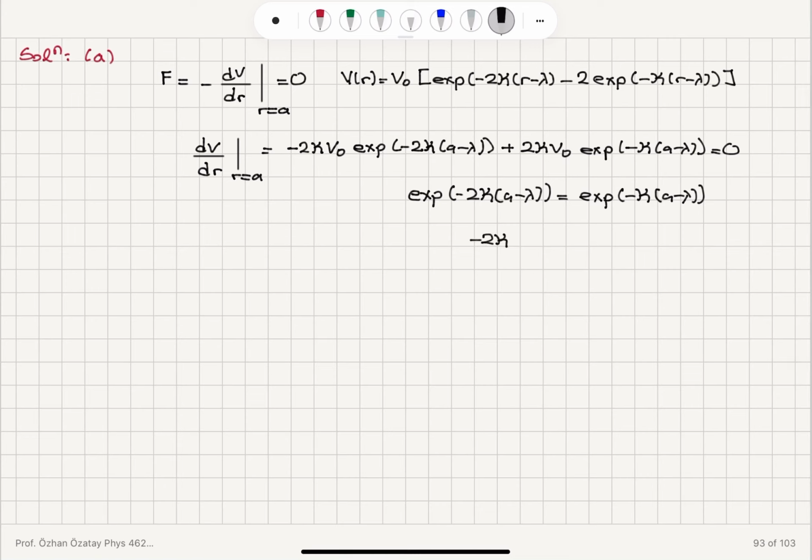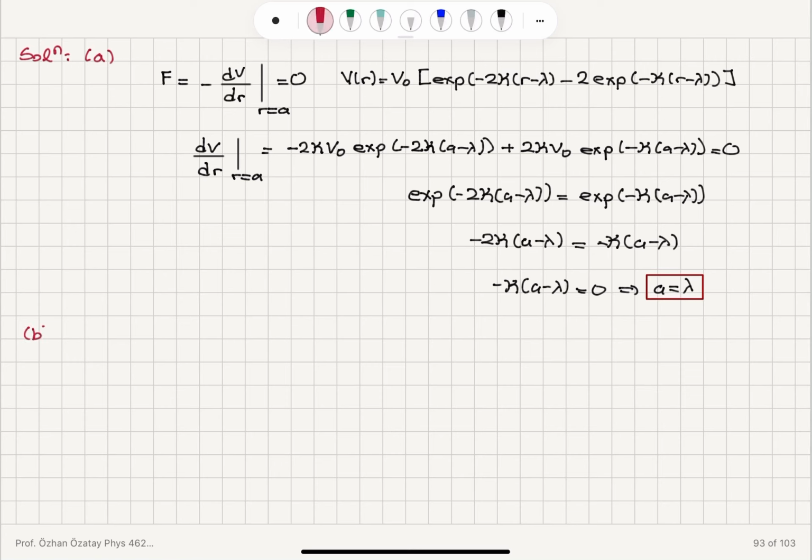Minus 2κ(a - λ) should be equal to minus κ(a - λ), and we find that if I take minus κ(a - λ) to the left hand side, minus κ(a - λ) should be 0, which tells us that a is equal to λ. So λ is our equilibrium interatomic distance.